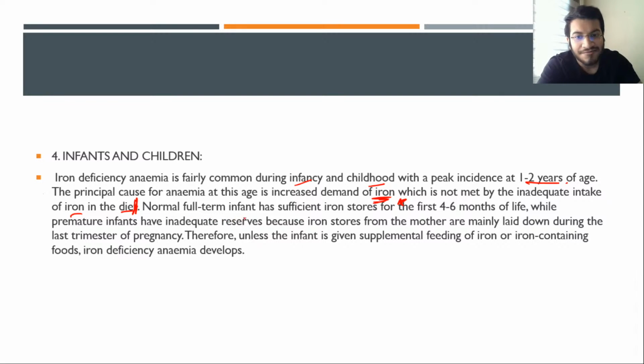A normal full-term infant has sufficient iron stores for the first 4 to 6 months of life, while premature infants have inadequate reserves because iron stores from the mother are mainly laid down during the last trimester of pregnancy. Therefore, unless the infant is given supplemental feeding of iron or iron containing foods, iron deficiency anemia develops. Right?